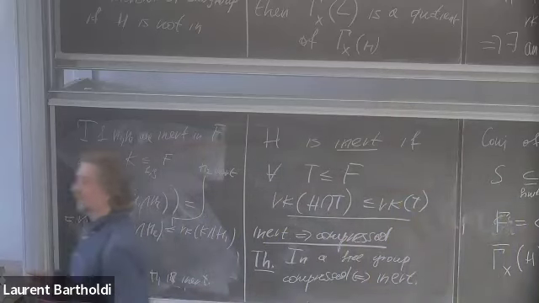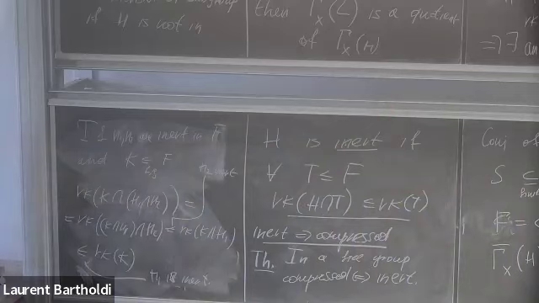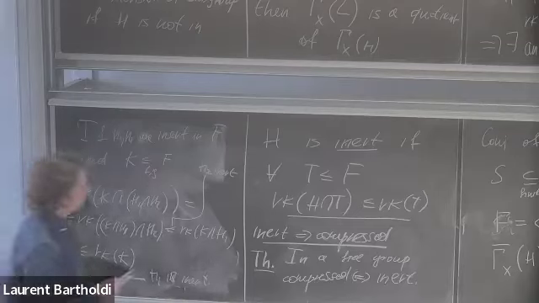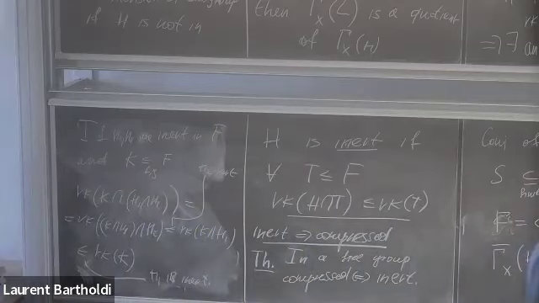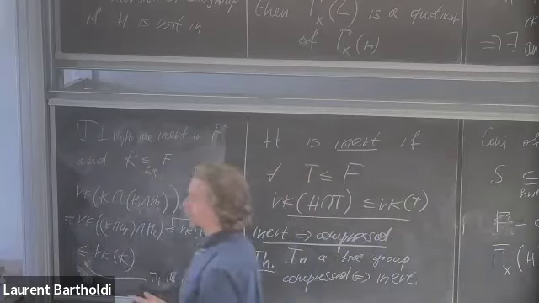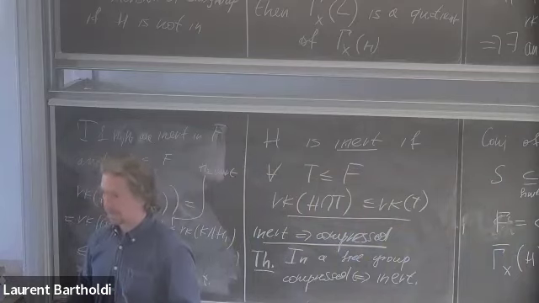So we see that we have these two related notions, but in some sense they are similar because of the properties of intersection, but on the other hand, they're quite different because some questions are easy for one of them and difficult for the other. Because of this, people were not sure what is the real answer to this conjecture. For some people, compressed groups are also inert, and that's a surprise.